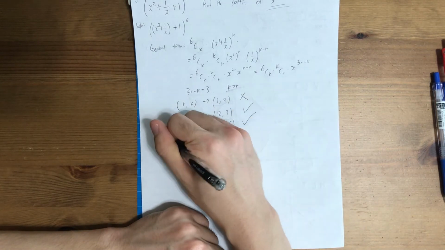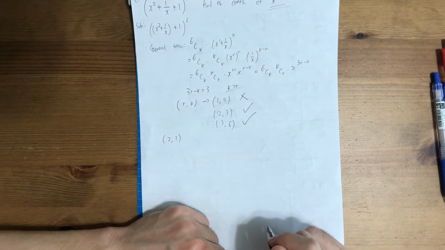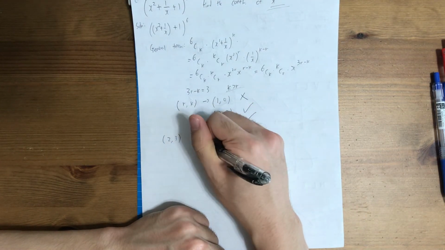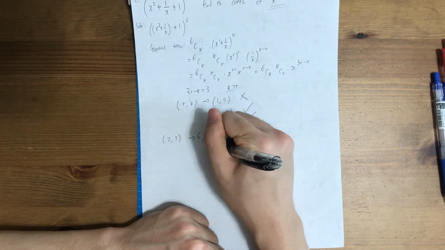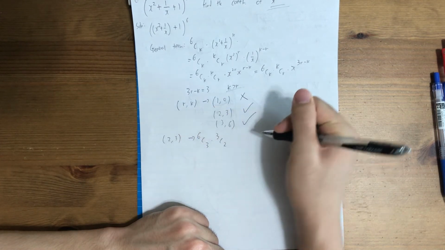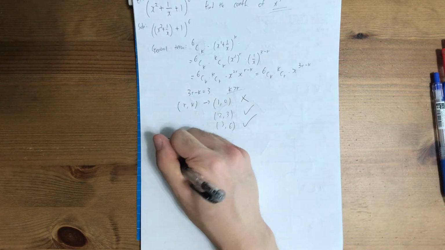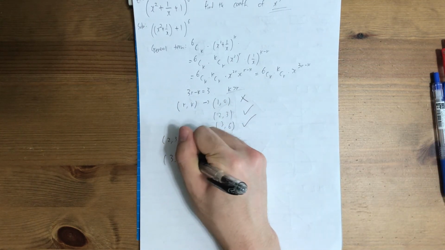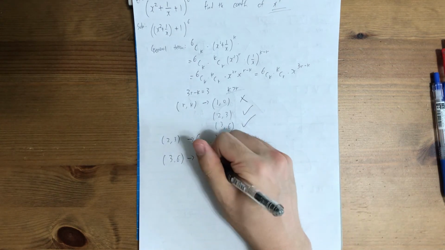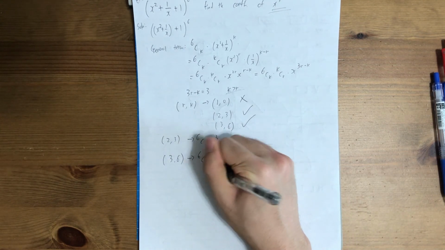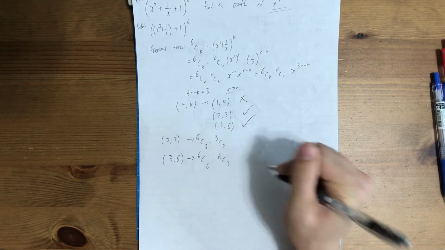So when we look at this case, that means 6C3, 3C2, and then x to the 3. So that's the coefficient. And we also have another term with 3 and 6, so 6C6 and 6C3.